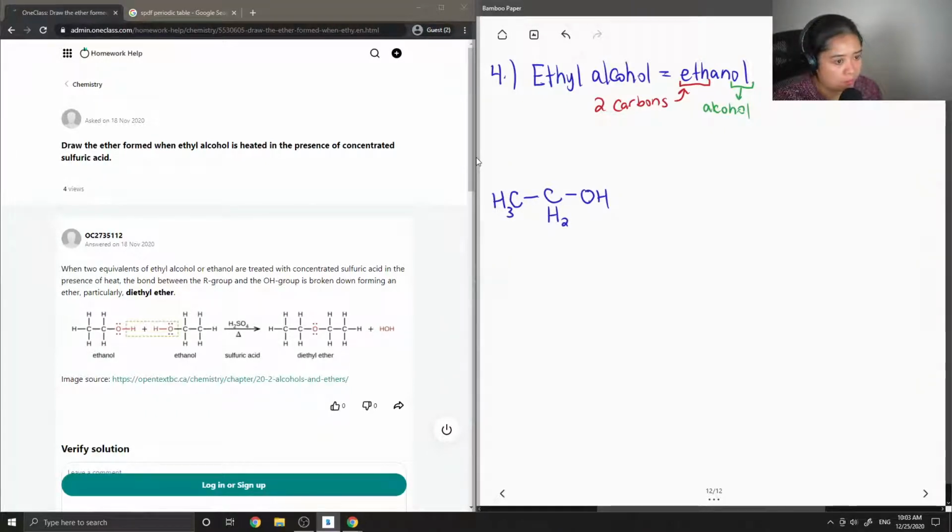Okay, so this is 1 molecule of ethanol. But when it is in the presence of concentrated sulfuric acid, then it will form an ether. And the way that it does that is that it forms it with another molecule of ethanol. So I'm just going to draw a second ethanol beside it.